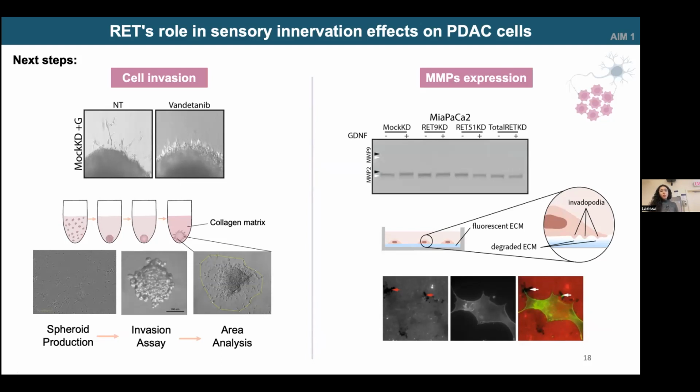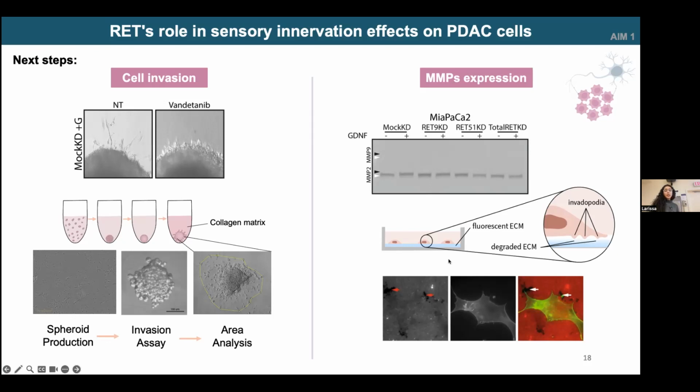To assess this, we'll use spheroids embedded in a collagen matrix, and then we'll measure invasion using area measurements. Our hypothesis is that the spheroids will respond to the stimuli provided by either DRG conditioned medium or artemin, and that the spheroids made with RAD or GFR-alpha-3 knockout cells will have less invasion.